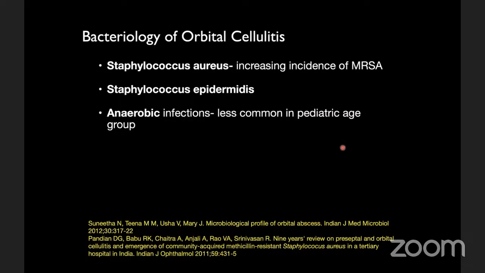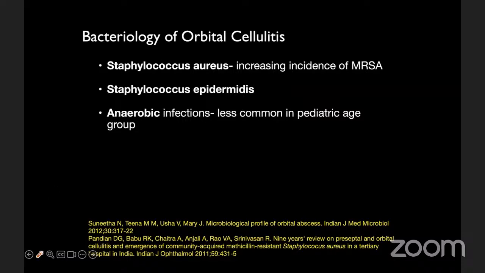So when we talk about the bacteriology of orbital cellulitis, Staph aureus is the most important, the most commonly presenting organism. And of course, the incidence of methicillin resistant Staphylococcus aureus should be borne in mind. Apart from that, even Staph epidermidis is another important pathogen.